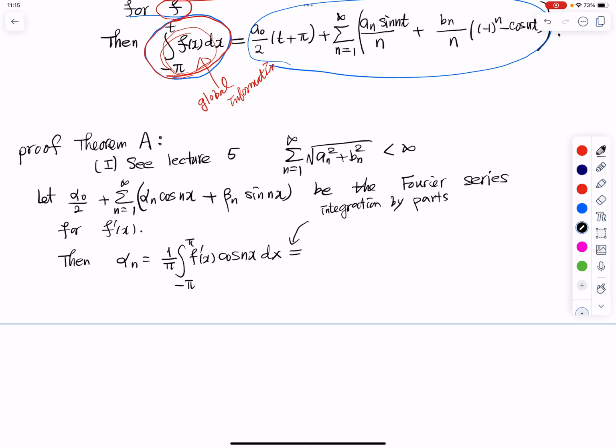we use the property that f(pi) equals f(minus pi).